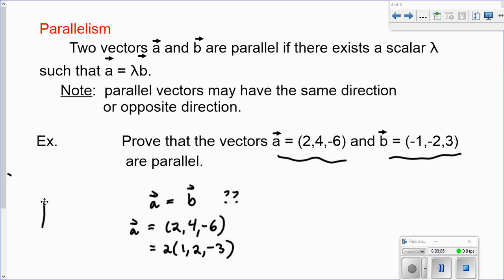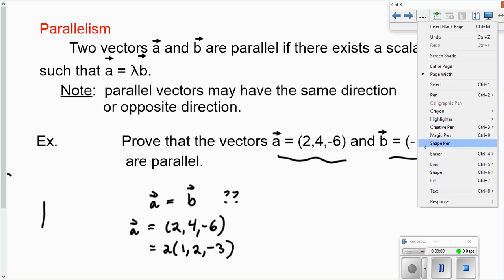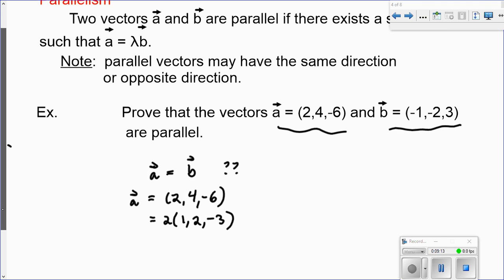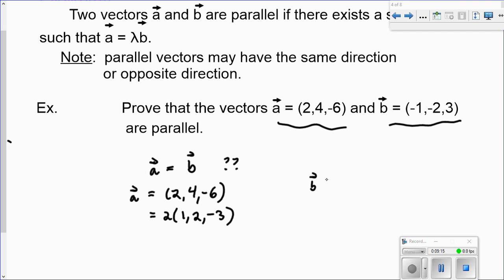Now how does that relate to vector B, where I've got -1, -2, and 3? It's really close, isn't it? I could take out a -1 here and have 1, 2, and -3. So it almost looks like these are identical vectors now, or certainly this part of the vector.